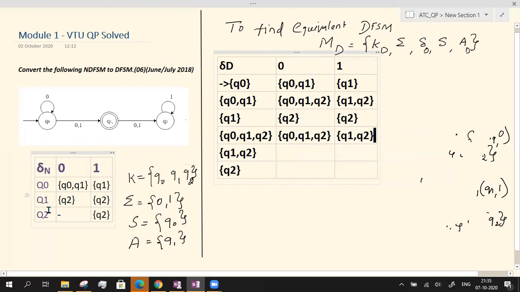Now, from {Q1, Q2}, we have to define the transition on 0. So consider Q1, Q2 in the NFSM transition table. Find the transition on 0. Q1 on 0 is Q2. From Q2, there is no 0 transition. So we write only Q2 here. Similarly, on reading 1, it goes to Q2, so let us write Q2 here also.